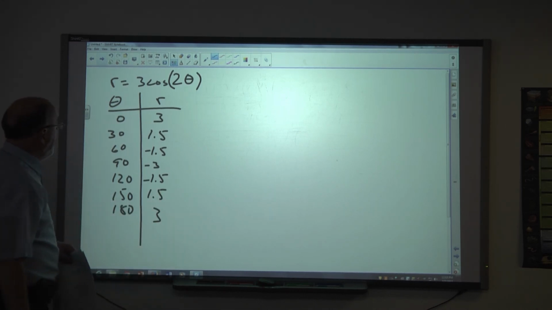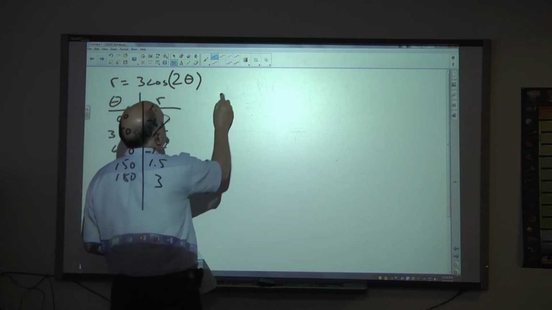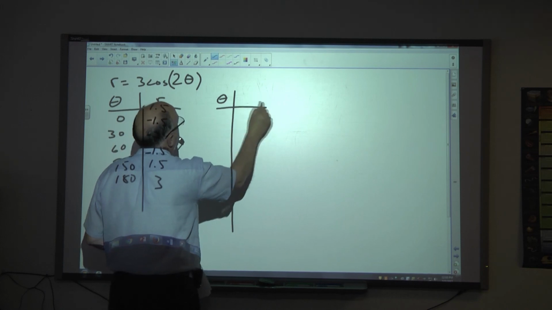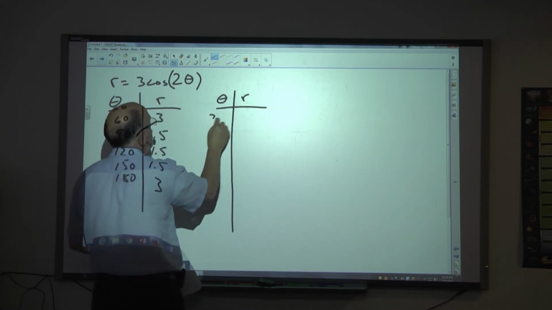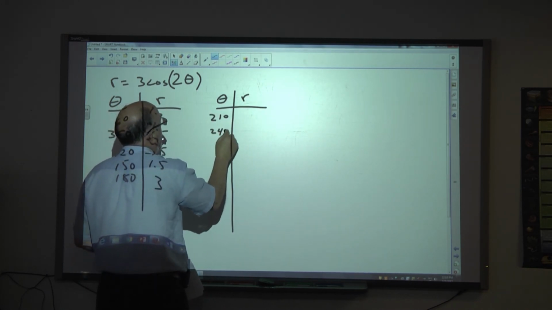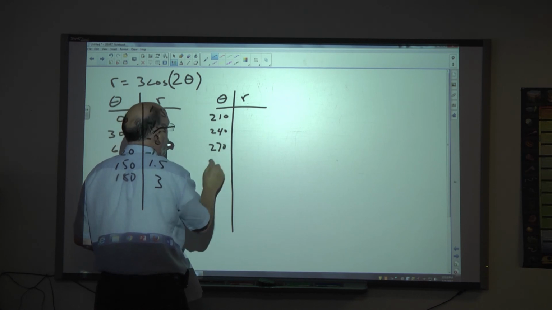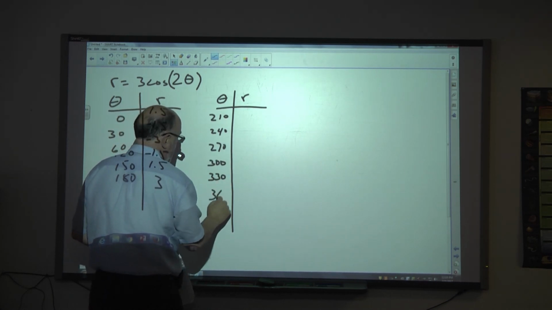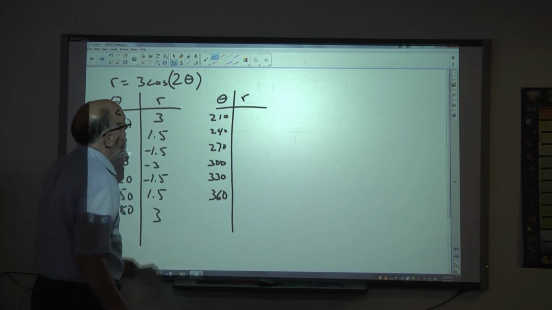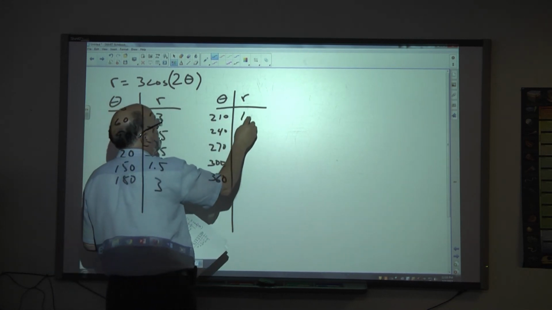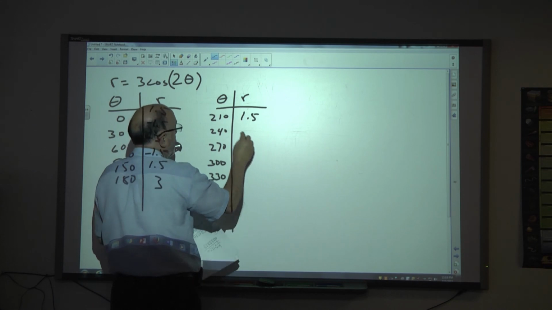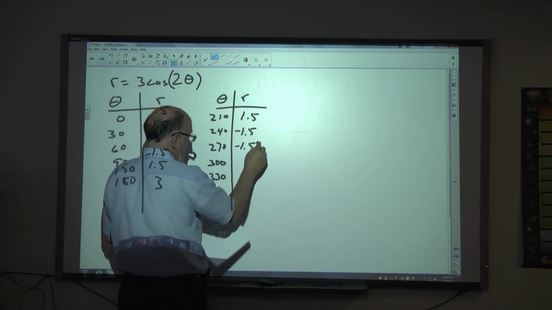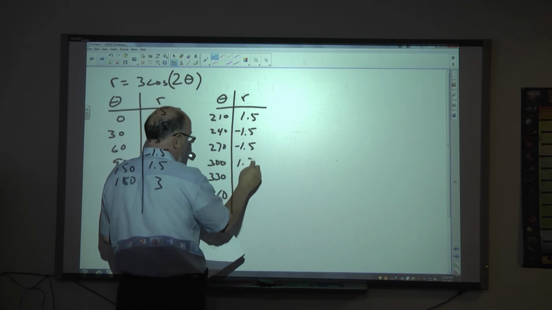And then if I do the other side, my other chart, we're going to have 210, 240, 270, 300, 330, and then lastly 360. My pattern of numbers keeps continuing, and so I get negative 1.5, negative 1.5, 1.5.